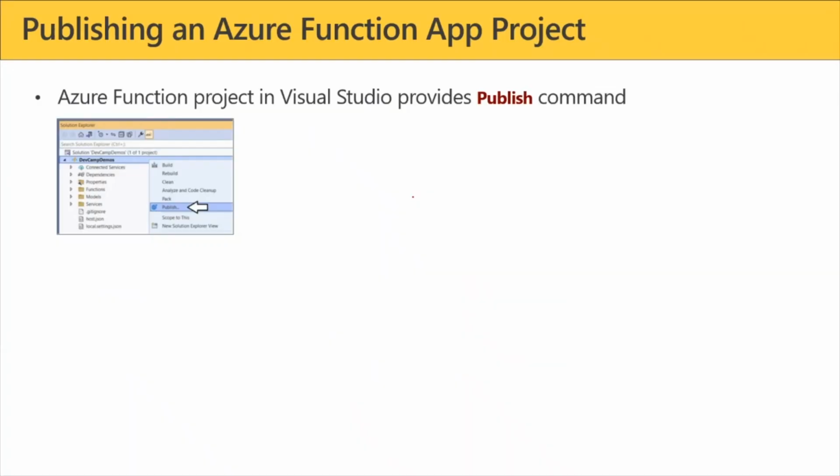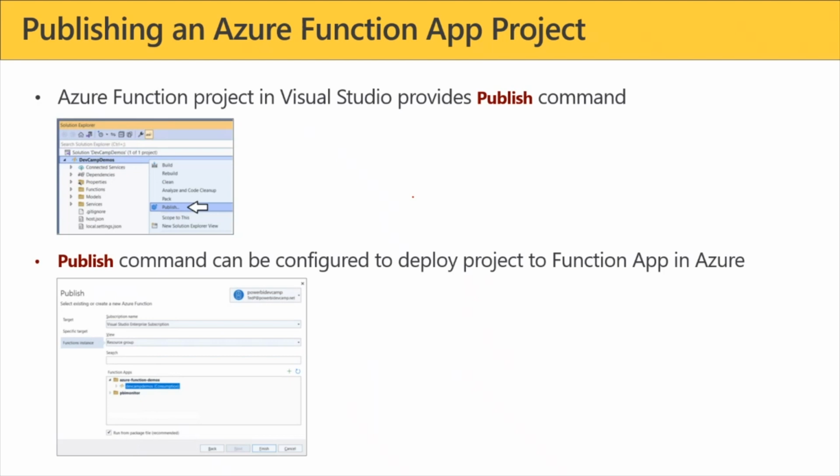One more thing is that if you've created an Azure function app and it's up in the Azure cloud, and then you're able to give Visual Studio your credentials so you can log in with your Azure subscription, you can use the publish command that can take your function app and just deploy it directly into some publicly accessible Azure website.